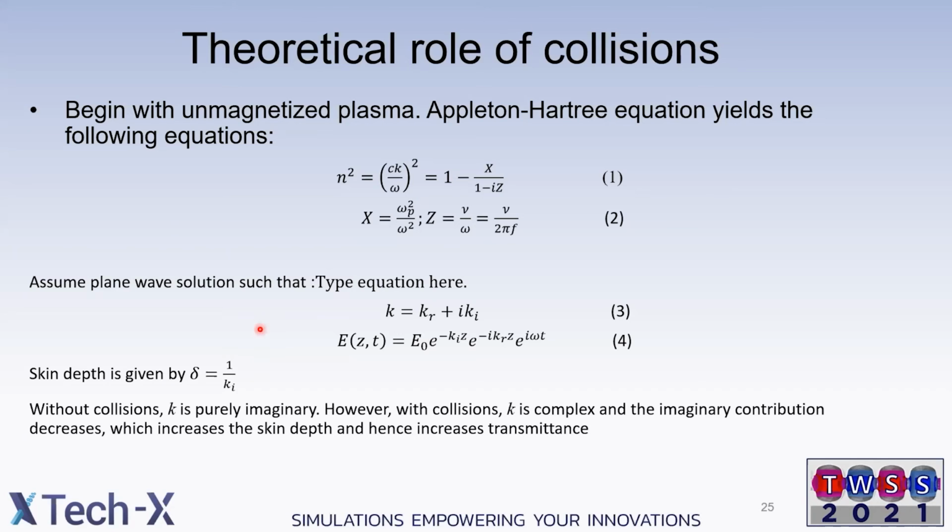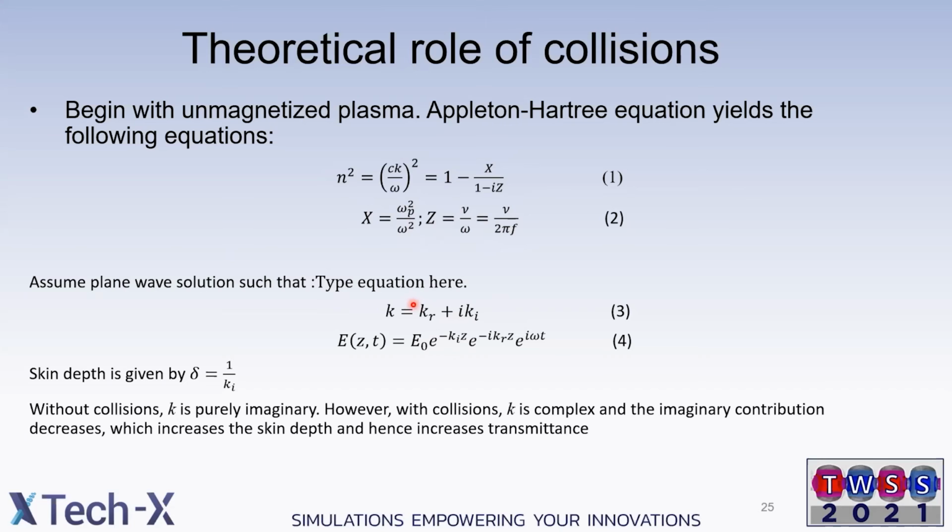This is borne out through these Appleton-Hartree equations. So the index of refraction squared equals ck over omega squared, which is equal to this term on the right, where capital X is omega p squared over omega squared, and capital Z is the ratio of collision frequency to signal frequency.